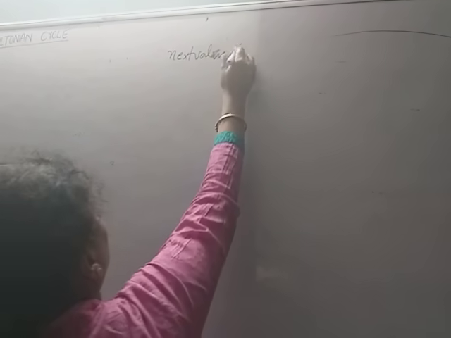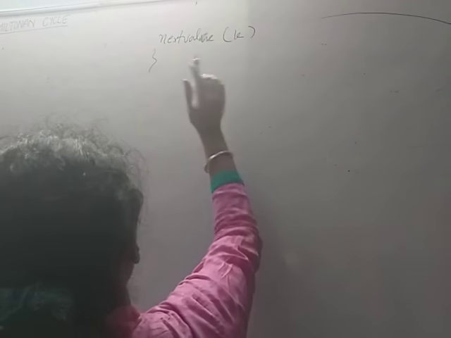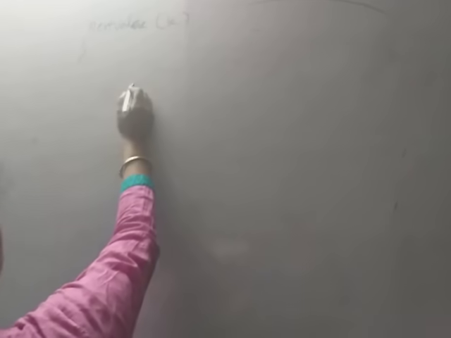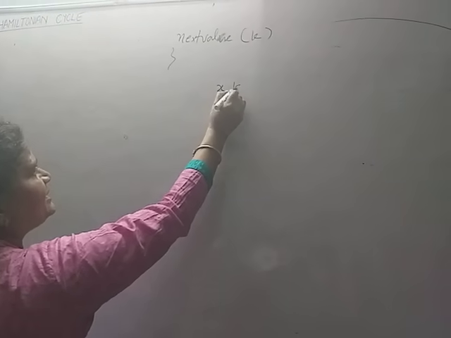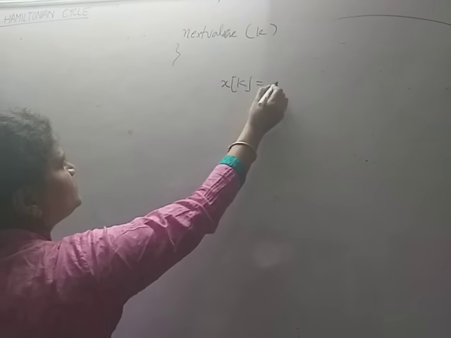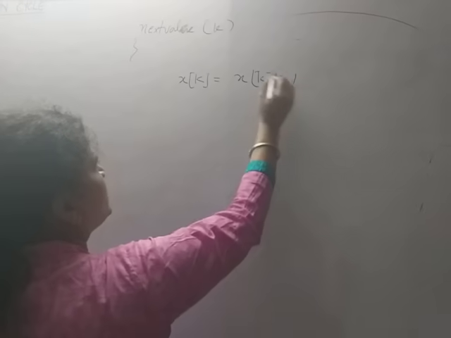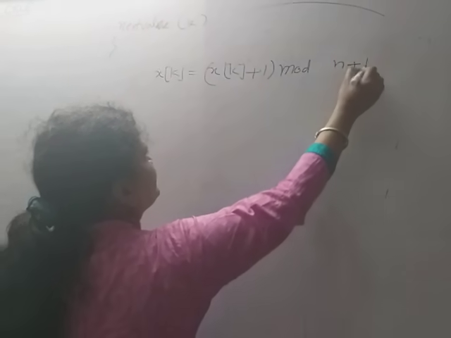When this function is called, first I will write the expression: xk equal to xk plus 1 mod n plus 1.